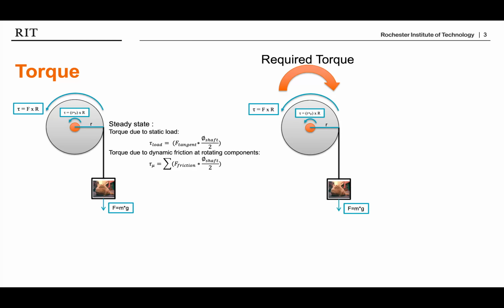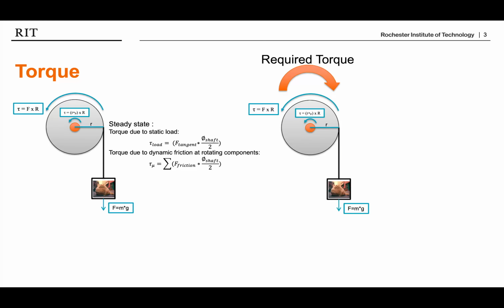Okay, so I have a couple of conditions already. I have this static load. Mr. Mew is just hanging out here in space halfway up from the basement to the second floor, let's say. And in this case, I just have force times radius. But maybe I have Mr. Mew moving, right? And he's moving at constant velocity, so he's climbed onto his little elevator in the basement, and he's riding his way up.